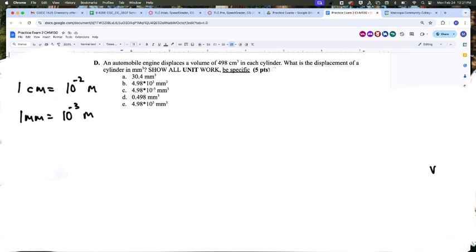Okay, so we could write down that we're being asked to solve for the volume. Okay, the volume in what unit? Millimeters cubed. Okay, now what do we do?